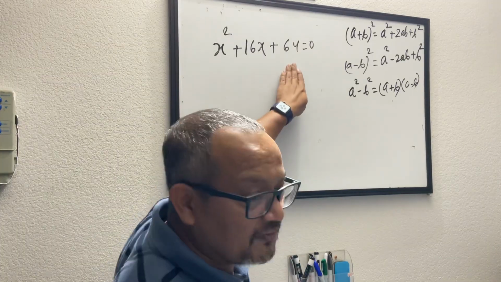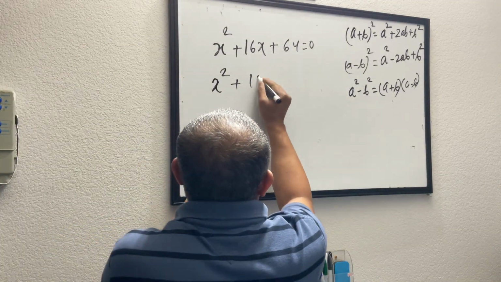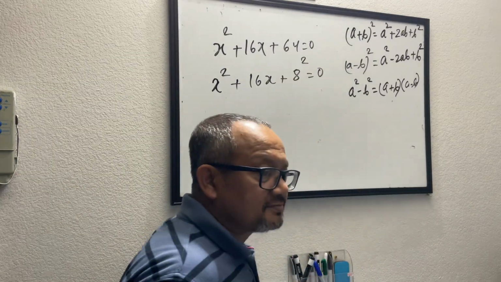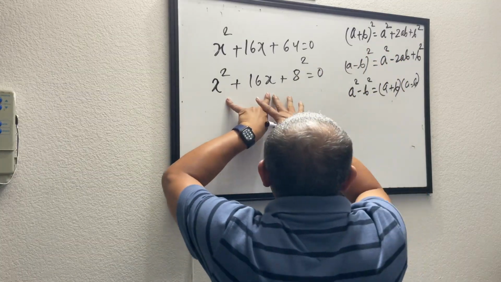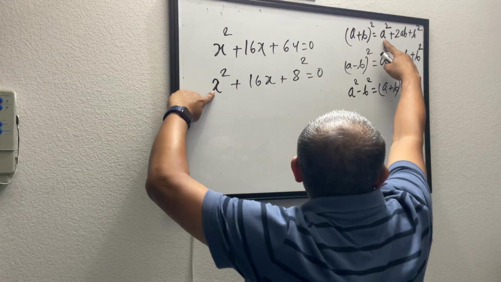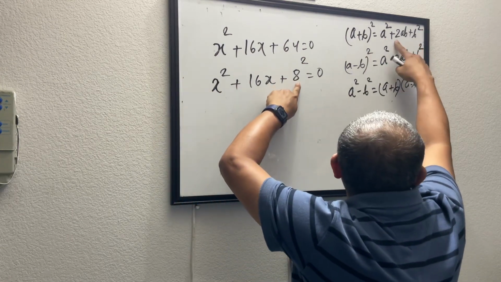Now when you look at 64, this is nothing but the square of 8. Now I can map it to this one and see if this can be rewritten in this form or not. I have x squared, which is a squared. I have b squared, which is 8 squared.